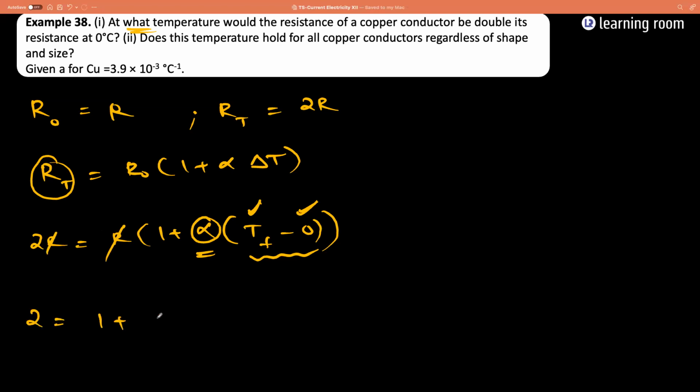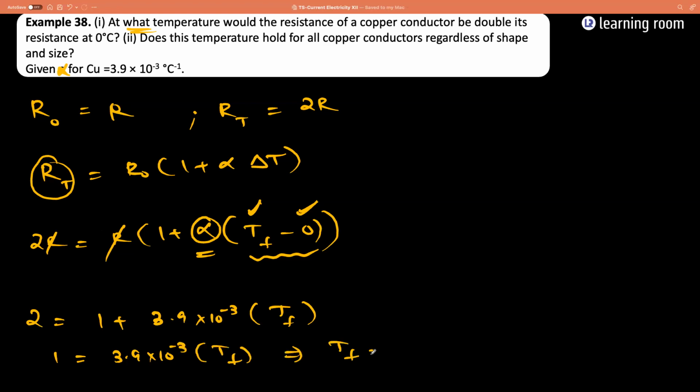So alpha is there. 2 is equal to 1 plus, given alpha for copper is 3.9 into 10 power minus 3, into the final temperature. So 2 minus 1 is equal to 3.9 into 10 power minus 3 into T final, which implies T final is equal to 1 divided by 3.9 into 10 power minus 3, which will be 10 power 3 divided by 3.9.